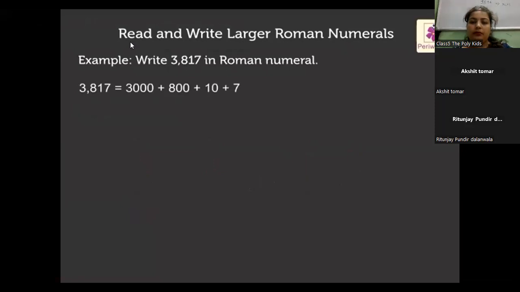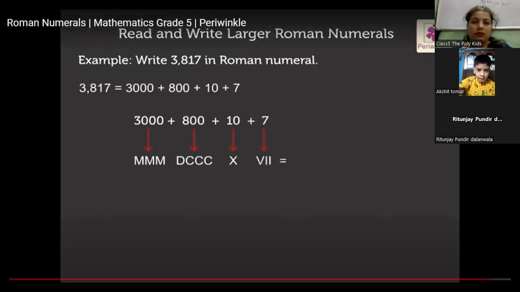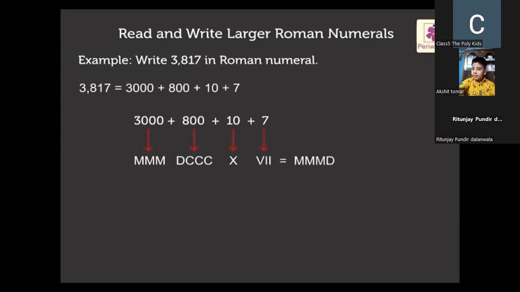Now write the Roman numeral values of each, that is 3000 as MMM, 800 as DCCC, 10 as X and 7 as VII, which is equal to MMMDCCCXVII.